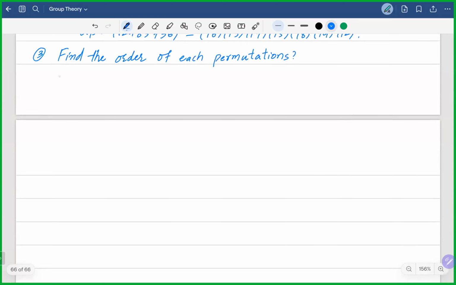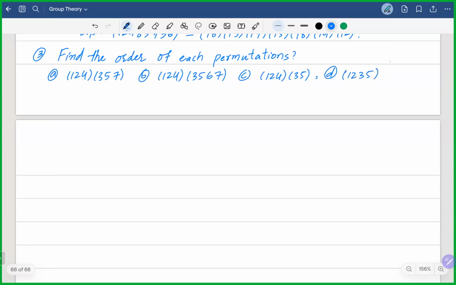Okay, so A is (1 2 4)(3 5 7). Its order is... I'm writing the solutions accordingly. Okay, let me write the question first. B is (1 2 4)(3 5 6 7). C is (1 2 4)(3 5), and D is (1 2 3 5)(2 4 5 6 7).